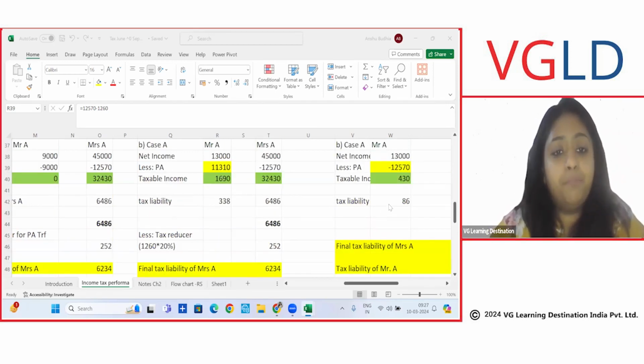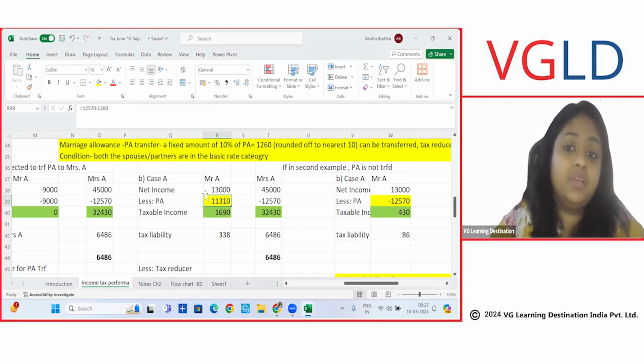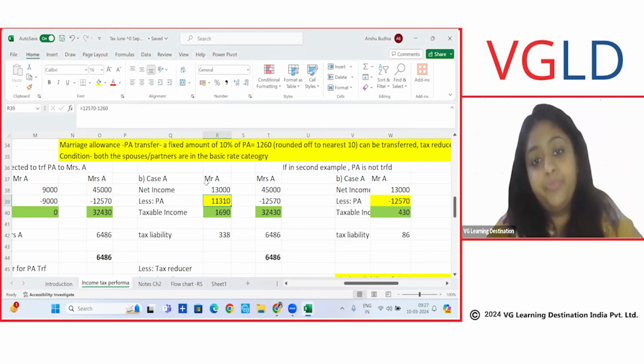Just one thing. I'm showing you one example here. Just to show you. In fact, even without example, I can show you here. You know, when is this transferable option more beneficial? It is more beneficial when the first spouse is actually having taxable income till the PA limit only.